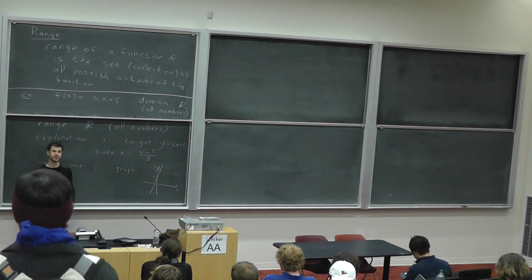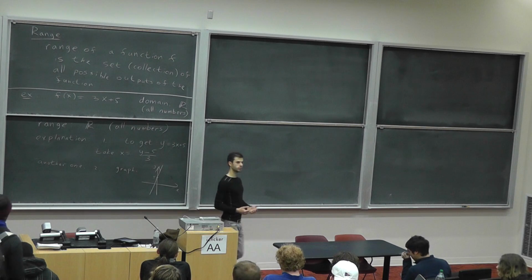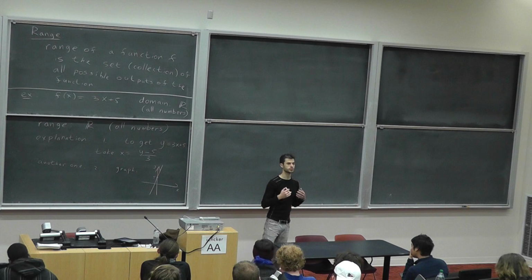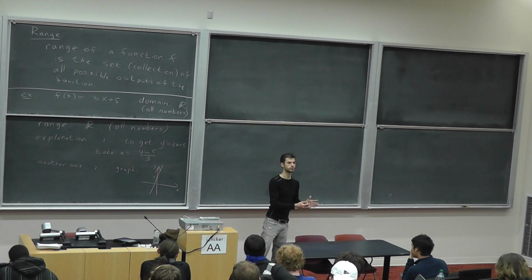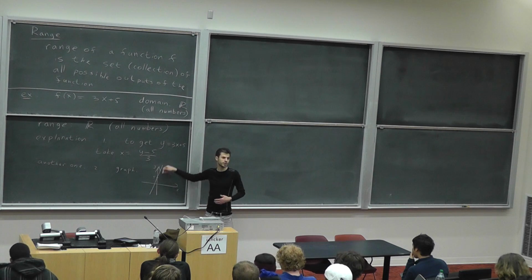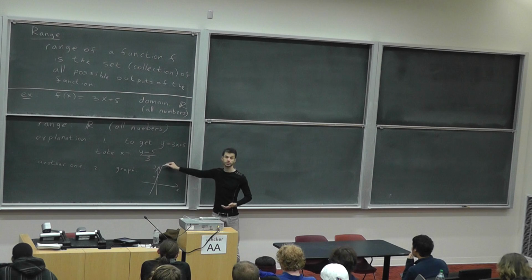Now, how to see the range of this function? The range is the set of all possible outputs, which means all possible y values for the function. What kind of y values can you get? Well, any y value. For any y, there is some x which gives you this y.